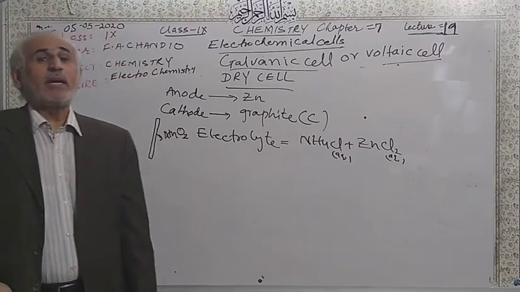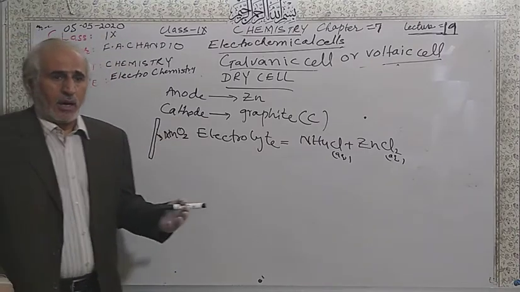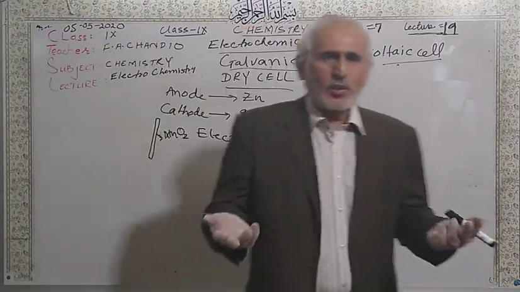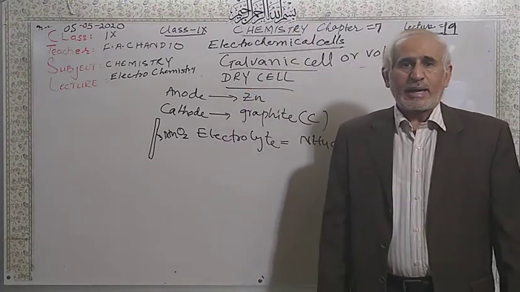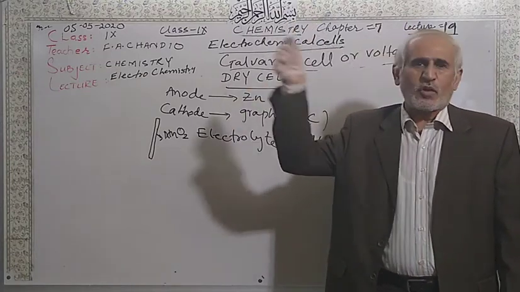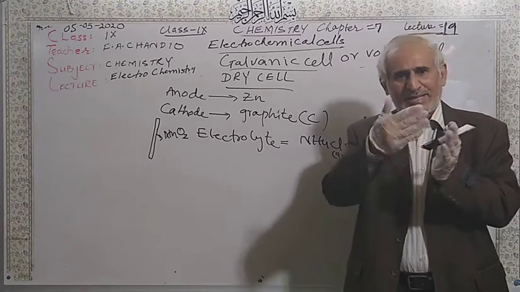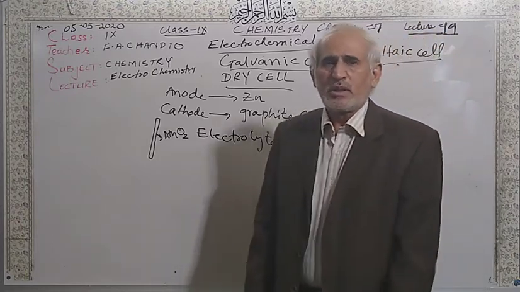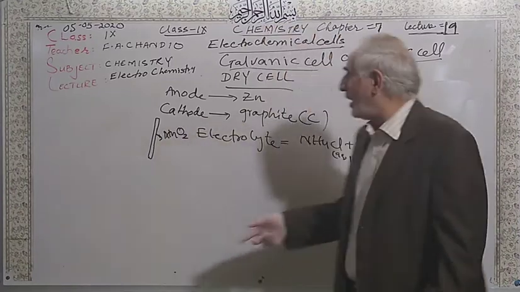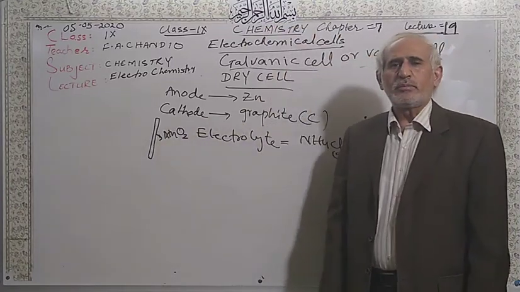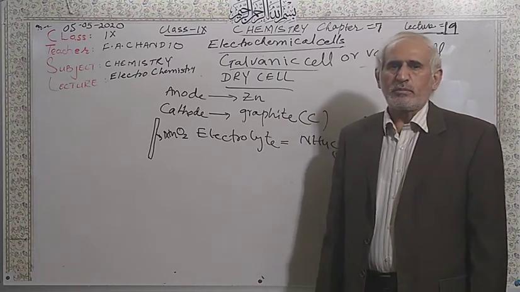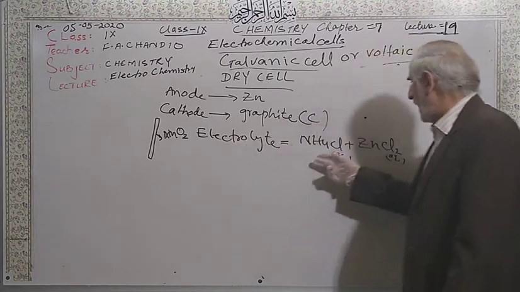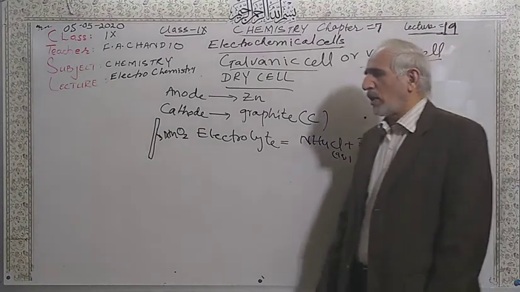So these are the chemicals. From the examination point of view, the whole detail is not asked. Sometimes they make small questions. In the dry cell, name the anode for 1 mark, name the cathode, name and formula of the electrolyte.